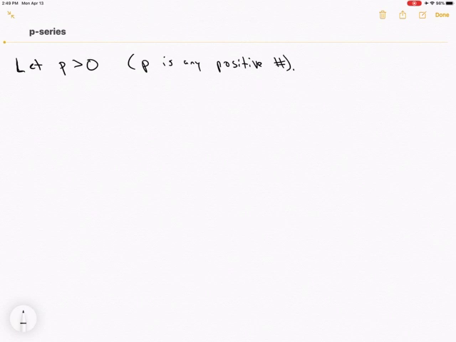So let p be any positive number, so let p be greater than 0, where I'm going to define a specific type of series.